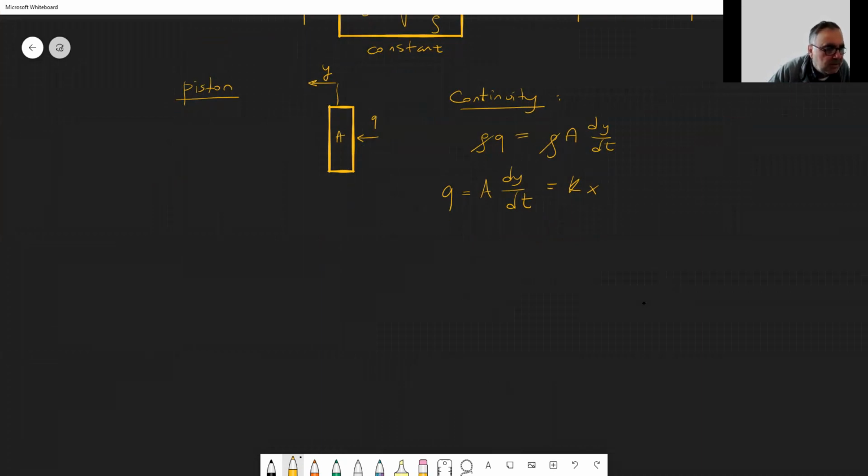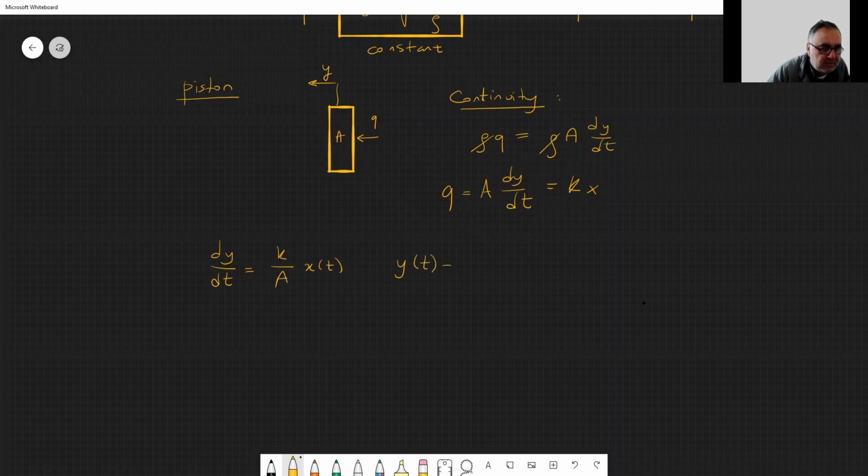I can write dy/dt is equal to k over A times x(t), or integrating, y(t) is k over A times the integral of x(tau).